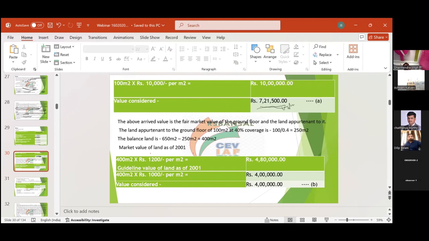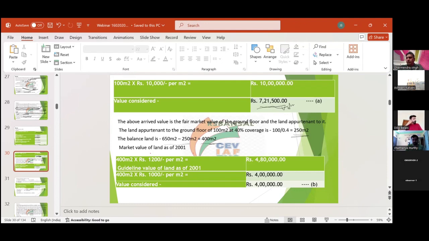So 40% is given to you as plot coverage. So 250 square meter will be the land included in this 7,21,500. Remaining 60% of the land, 650 minus 250, 400 square meter land will be considered.